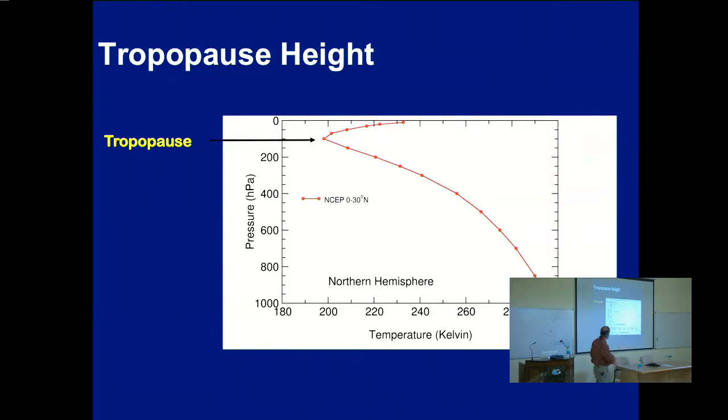Okay, so that corresponds to some pressure level, right? So why is the temperature increasing here? Ozone. So ozone chemistry is occurring, and therefore you end up with a temperature increase, right?